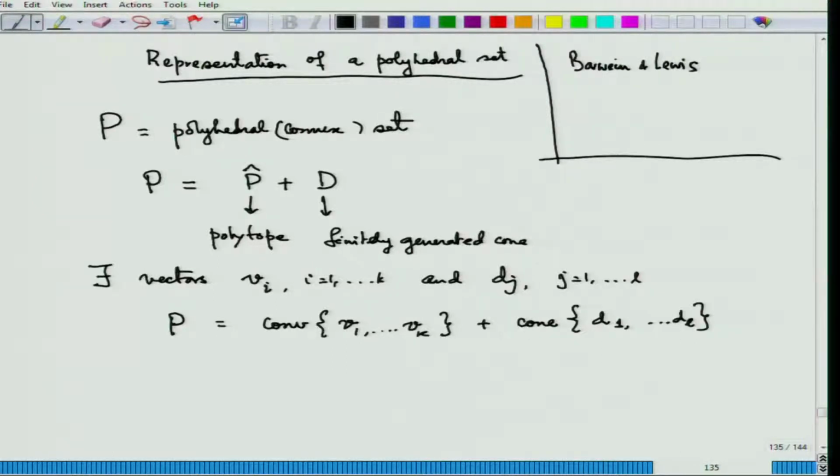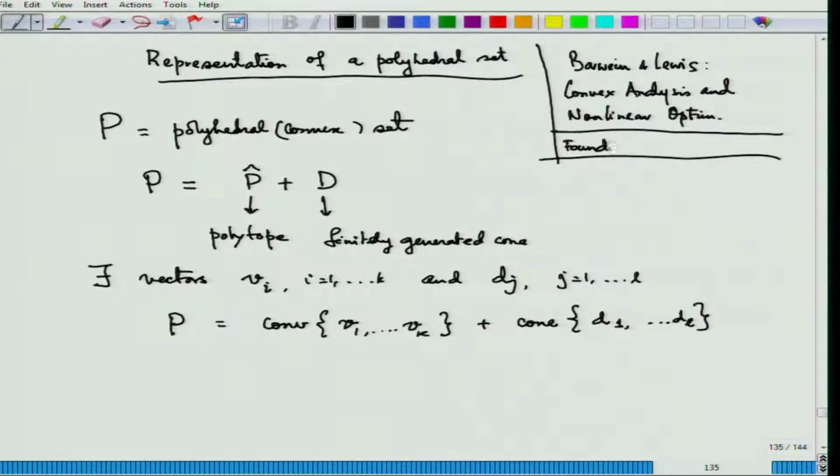Borwein and Lewis, which I had already mentioned earlier, Convex Analysis and Nonlinear Optimization. And the second book is Foundations of Optimization by Osman Guler, a recent one.